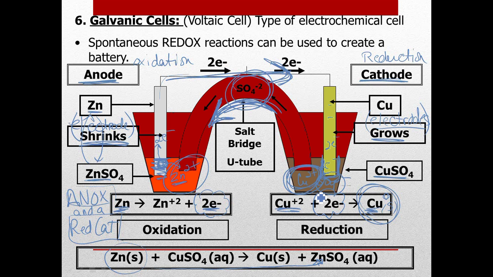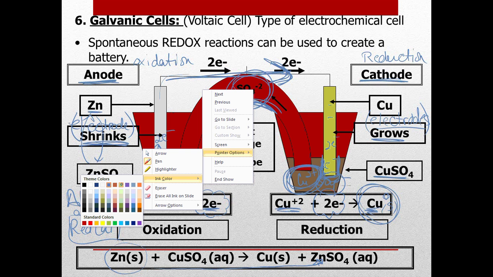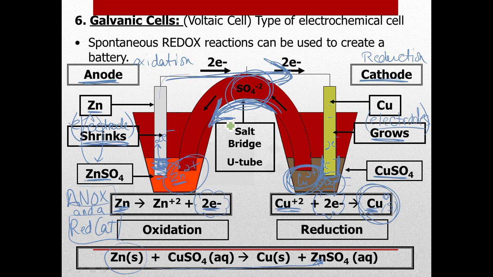A rechargeable battery, what we do is this is the spontaneous or natural flow of electrons. So to recharge the battery, I would have to flip the direction. And how do you flip the direction? Well, you take it and let's use green, I guess. For a rechargeable battery, we send things back in the other direction. So the anions would come this way, the electrons would go back the other way.